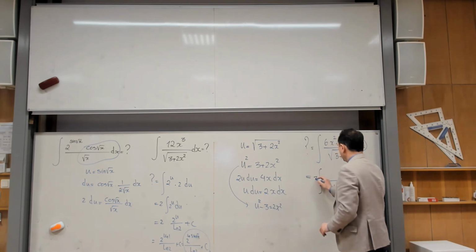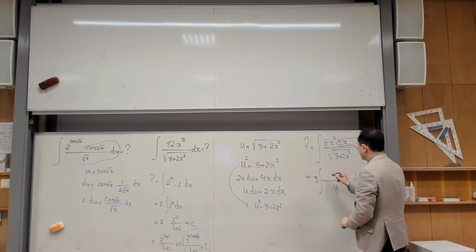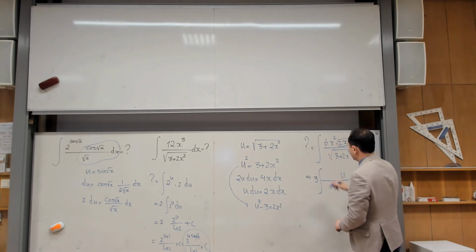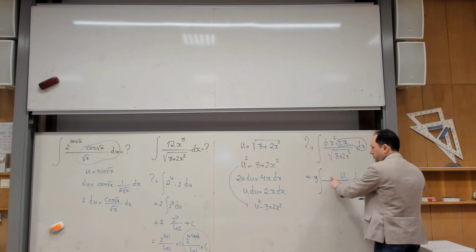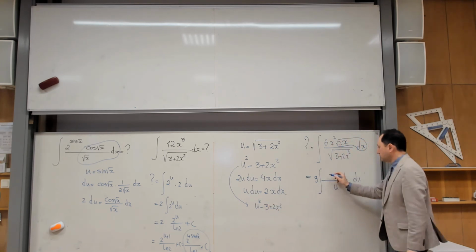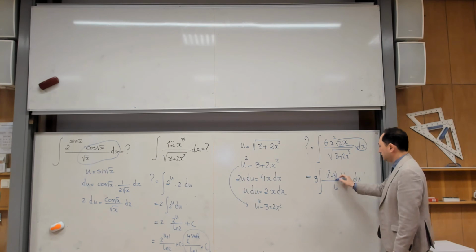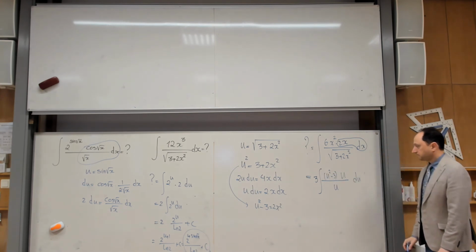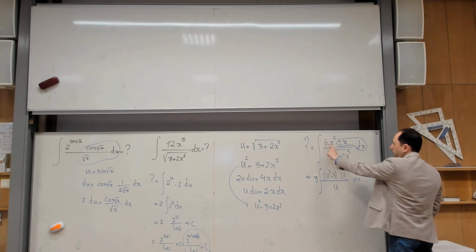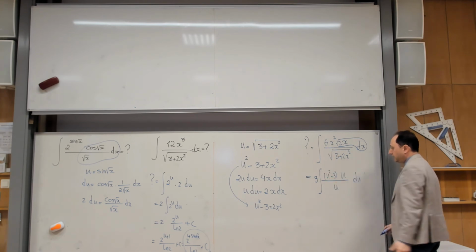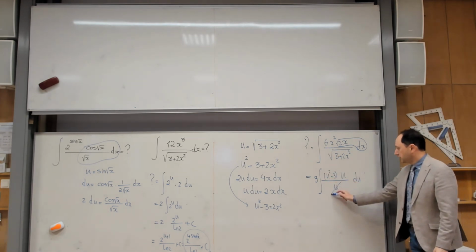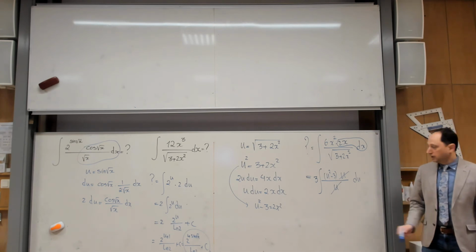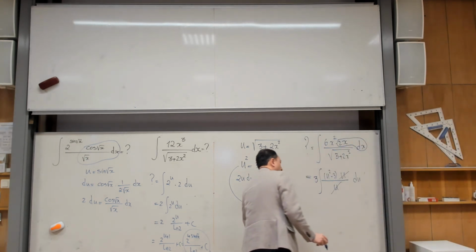I can put 3 here, and I can put 2x squared here. So let me write it like this. So instead of 2x squared, I can write u squared minus 3, yes? Is that understandable? Because I just wrote 3 times 2x squared. And then look, very simple by the way, because this u and that u are cancelled. And then what is left is just this simple expression.